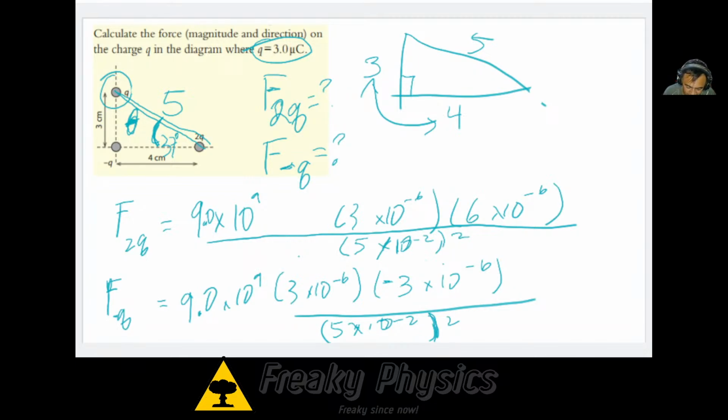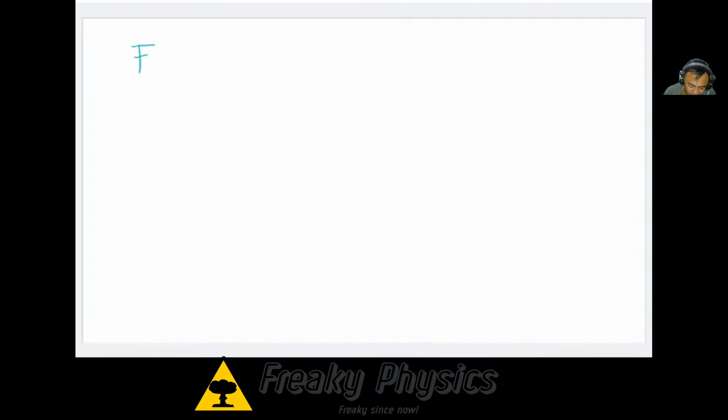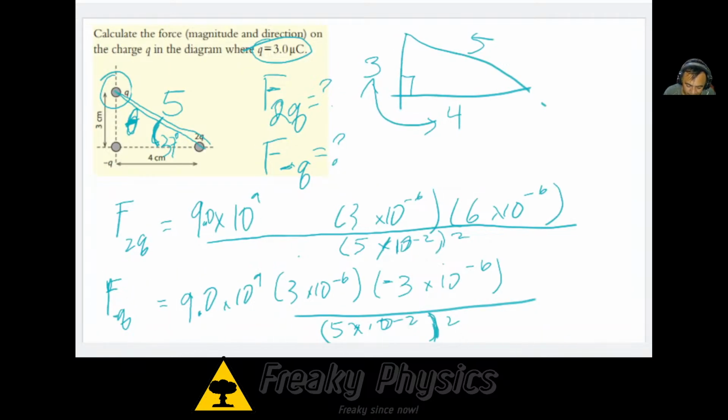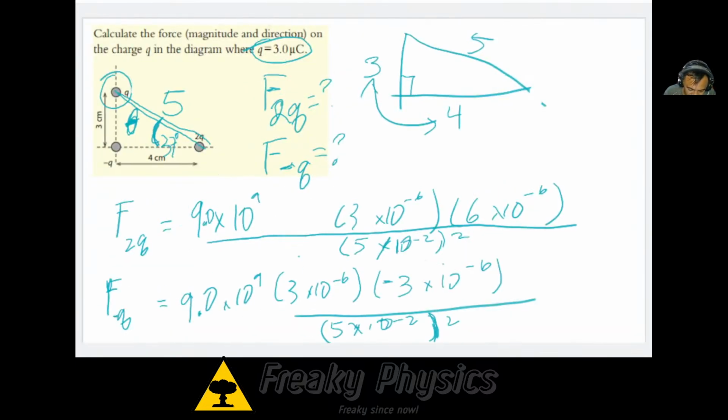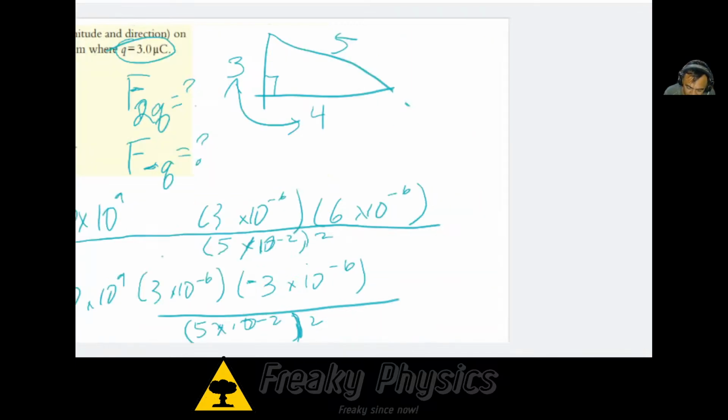Whatever F2Q and F negative Q are, the final part of this would be, this is what I'll do. This is gonna be F from negative Q. So Fy is equal to F negative Q plus the force from 2Q along the y-axis, right?